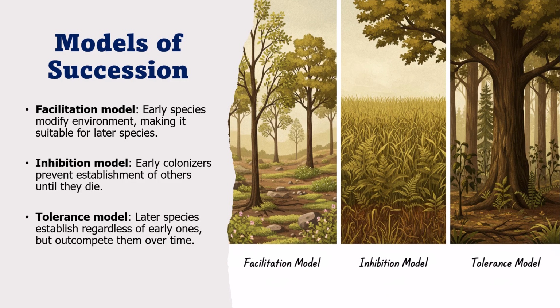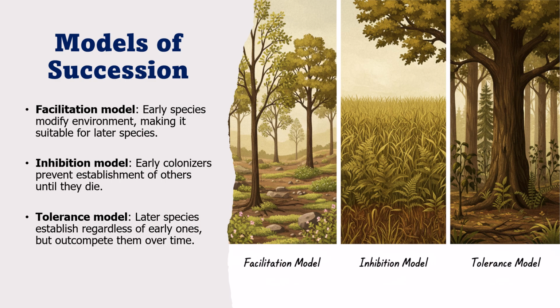Now we will discuss the models of succession. There are three major models of ecological succession. The facilitation model suggests that early species modify the environment in ways that make it more suitable for later species. The inhibition model states that pioneer species can prevent other species from establishing until they die out.